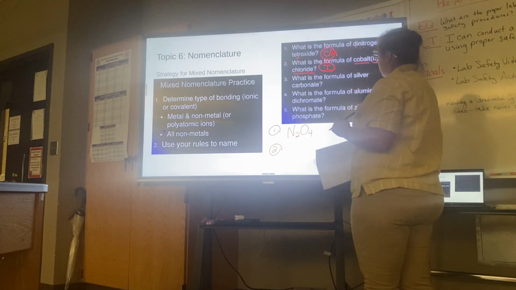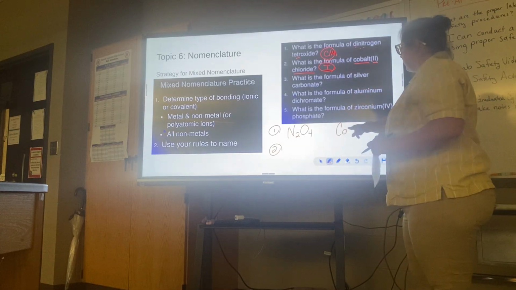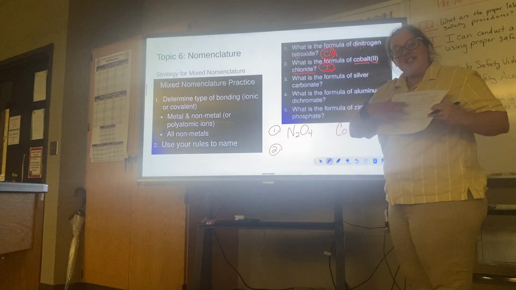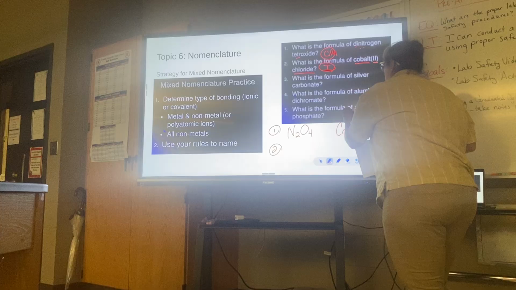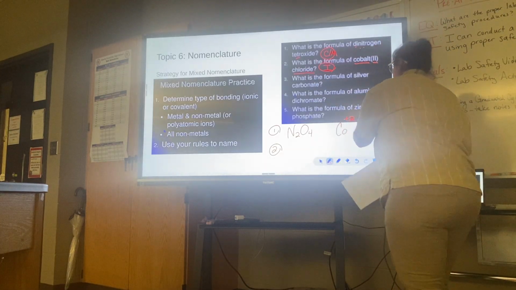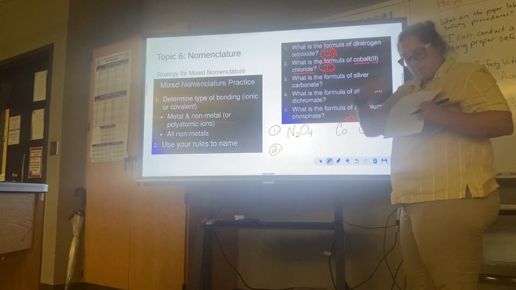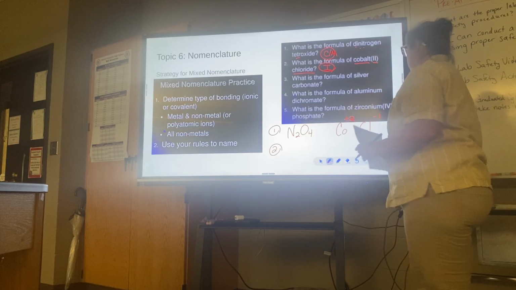So let's write down cobalt. Cobalt is here. Since it's a transition metal, it doesn't have a set charge, so I pull its charge from the Roman numeral. This is a +2. And then chloride comes from chlorine. Because of where it's at in the column, it has a -1 charge.